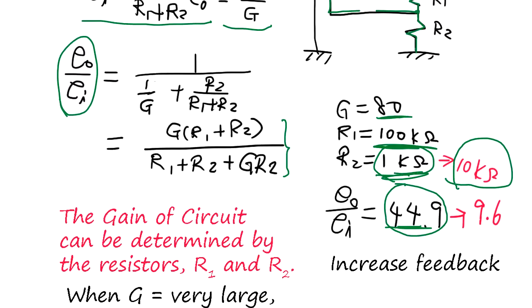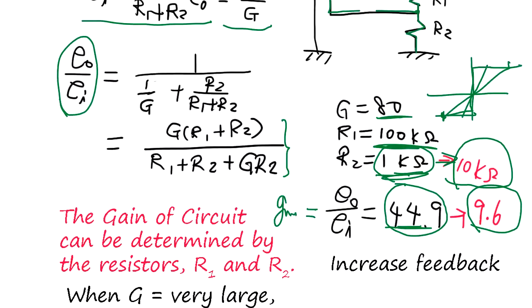We change this value 1 kilo ohm to 10 kilo ohm, it drops to 9.6. So this is ideally an op-amp of very high gain. We can reduce this to 44.9 or even 9.6. So this is the actual gain of the circuit.